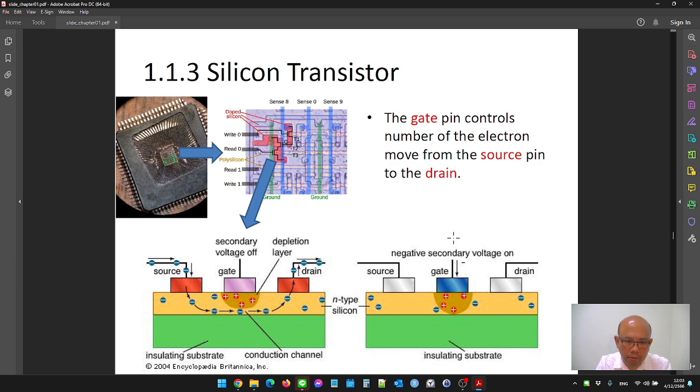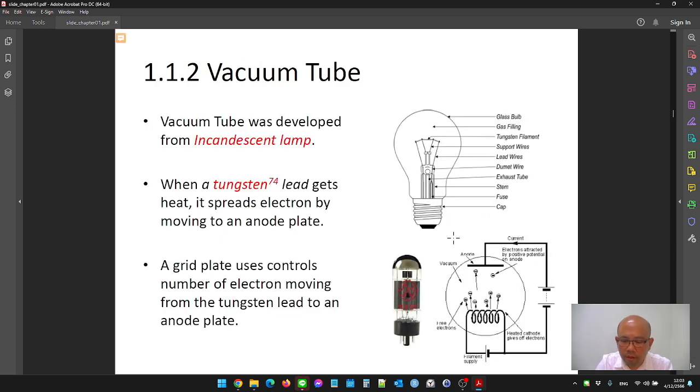Before I tell you about silicon transistors, can you remember the vacuum tube? The vacuum tube has a plate here and a tungsten coil here.